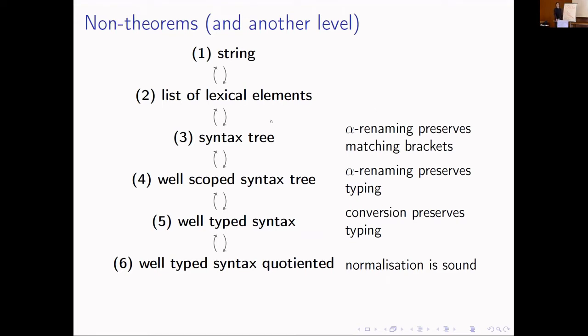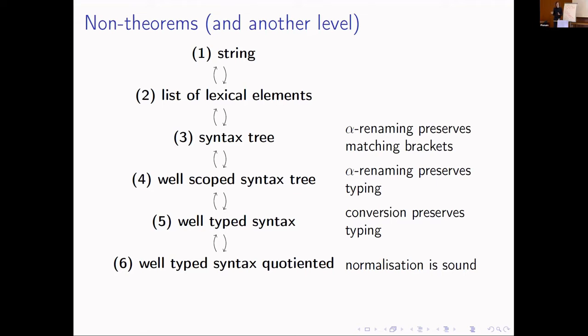So for example, for syntax trees, you don't need to prove the theorem, or in fact the theorem doesn't even make sense, that alpha renaming preserves matching brackets, because alpha renaming makes sense for syntax trees, but matching brackets is not a notion that you can express at the level of syntax trees. Or for well-scoped syntax trees, that alpha renaming preserves typing, that's another low-level theorem.